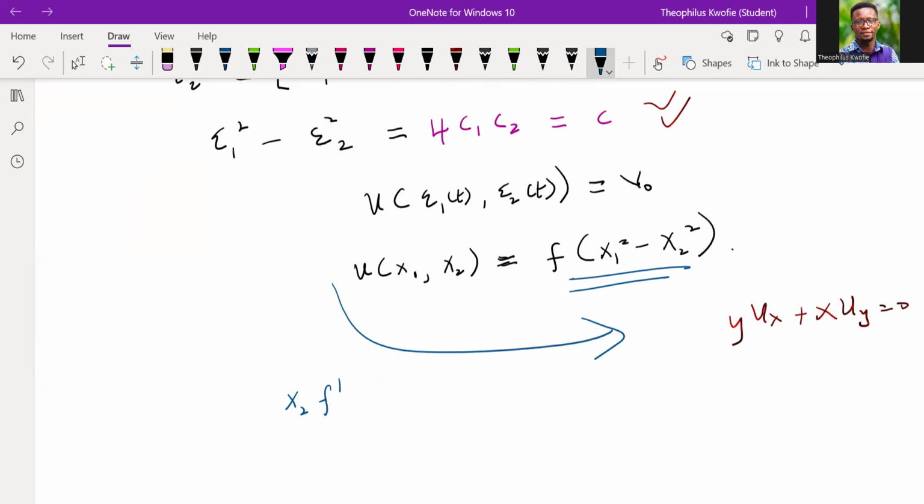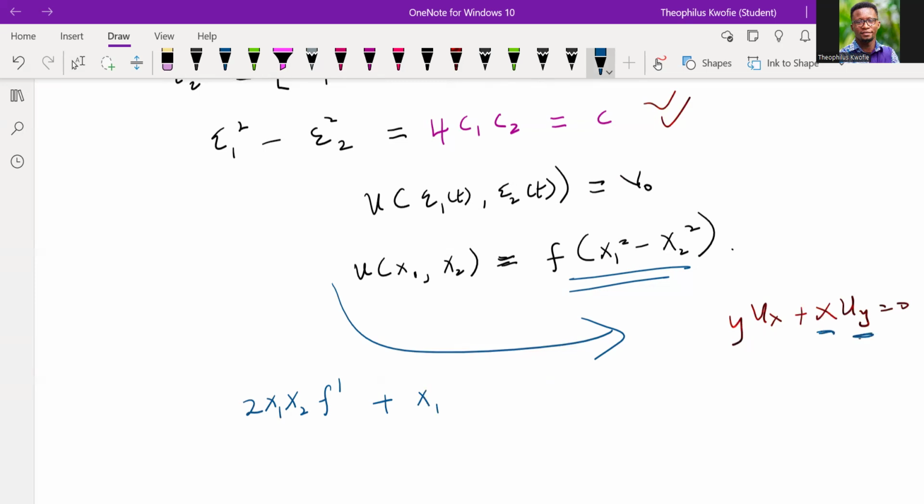Then we differentiate the input with respect to x, which gives us 2x1. Then plus, we are here, plus your x1.